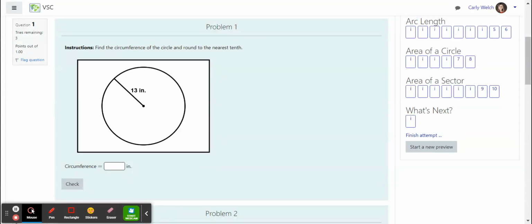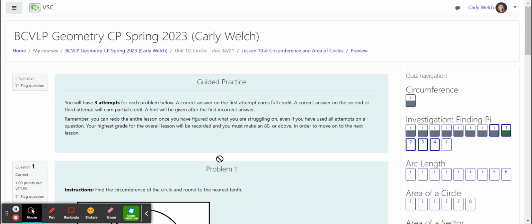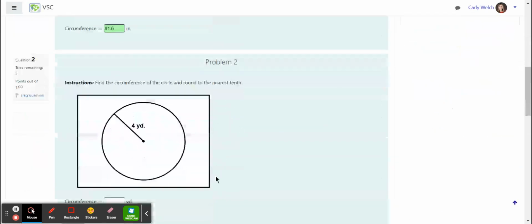Let's see what it looks like, 3.14. All right, so they're going to want 3.14 for the majority of your answers, so 81.6. All right, 4 is my radius, so I can substitute it into this formula where I had 13, so 25.1.